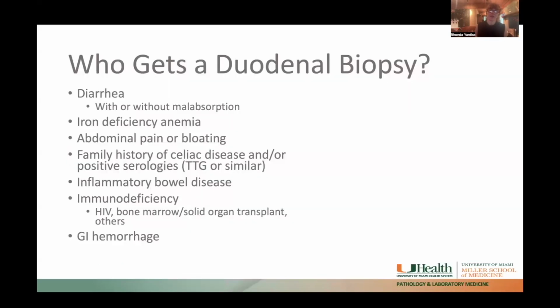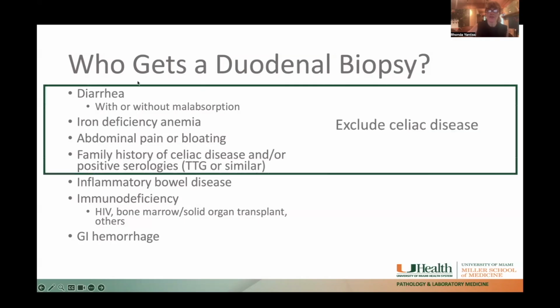And when thinking about duodenal biopsies, it's important to understand the indications for this procedure. Generally speaking, the folks who get a duodenal biopsy are those with diarrhea, iron deficiency anemia, abdominal pain or bloating, a family history or suggestive serologies of celiac disease, inflammatory bowel disease, either ulcerative colitis or Crohn's disease, immunodeficiency, and gastrointestinal hemorrhage.